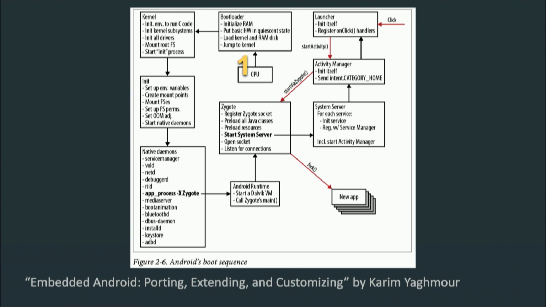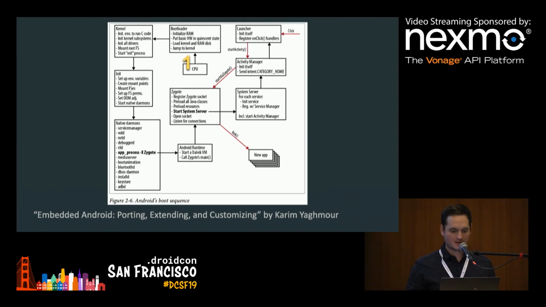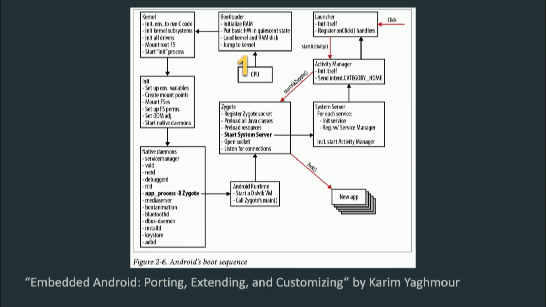Okay, so let's start from the beginning. When Android boots, first thing that starts is the CPU. Then the CPU starts the bootloader. Then the bootloader starts the kernel, which initializes drivers and mounts the root file system.